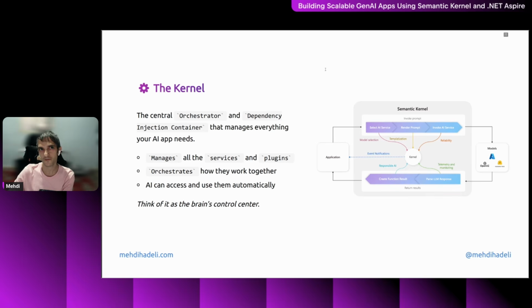Plugins are for when your LLM needs to call your code base or something external, like third party, when you use MCP or A2A. We can use plugins and function calls, and your LLM can call your code base or the external one. That's the usage of plugins in Semantic Kernel, and it's very important. It's like a brain for your Semantic Kernel SDK.